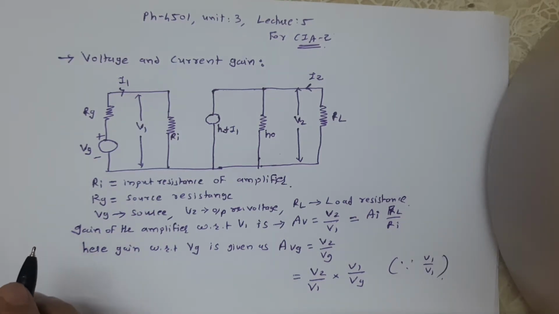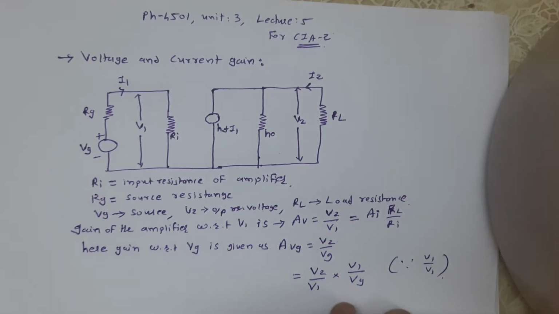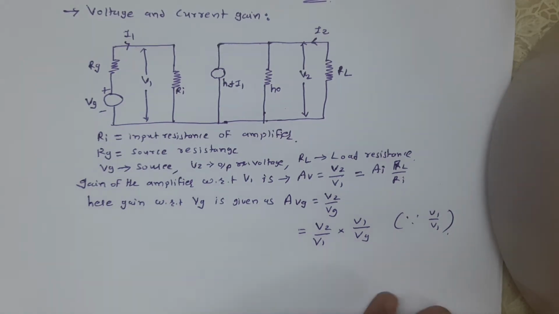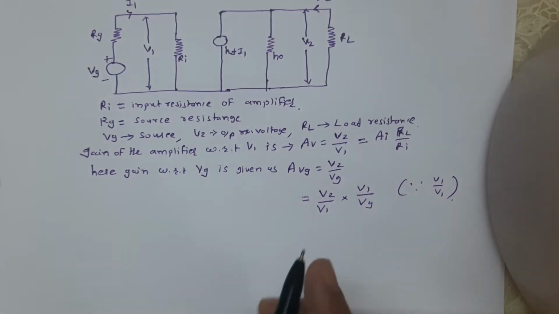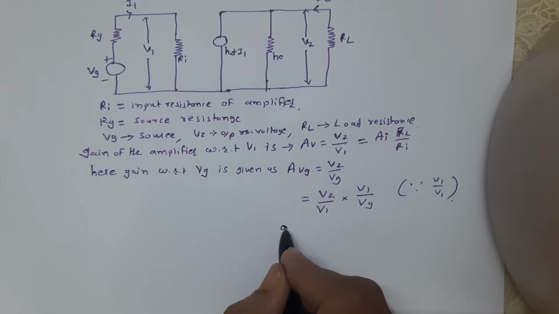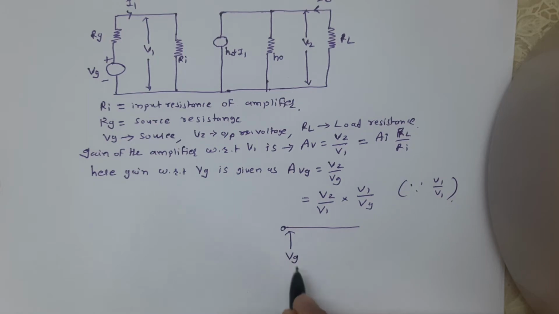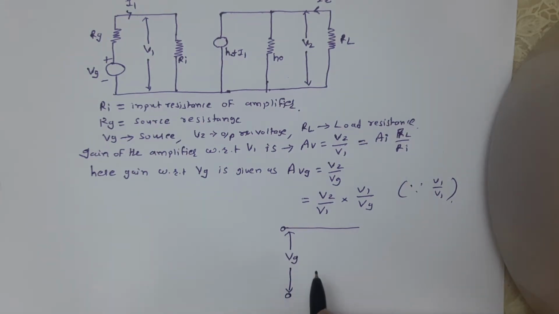So the input section of the amplifier can be redrawn as, this is our input section of the amplifier. We can draw like this. This is our Vg. This is your Rg.